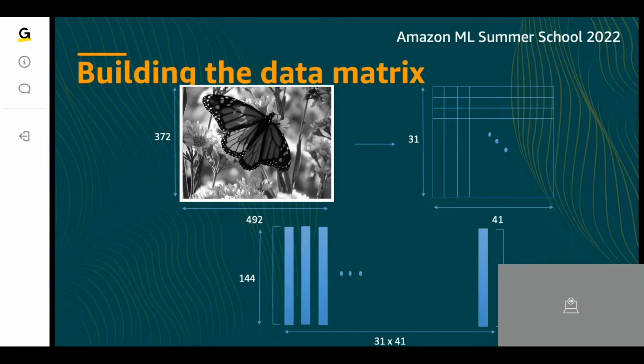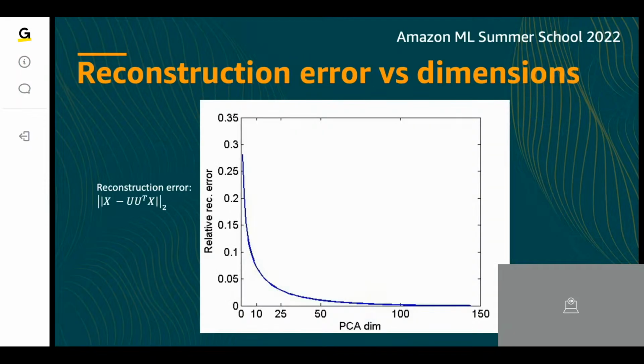Now as far as PCA is concerned, in case you were to carry out the principal component analysis and compute what we call the reconstruction error. Let us say your original matrix was X, and like we talked about earlier, you can reconstruct this matrix. U transpose X gives you X hat. Remember from a few slides ago, that U transpose X gave you X hat, which was in a much lower dimensional space.